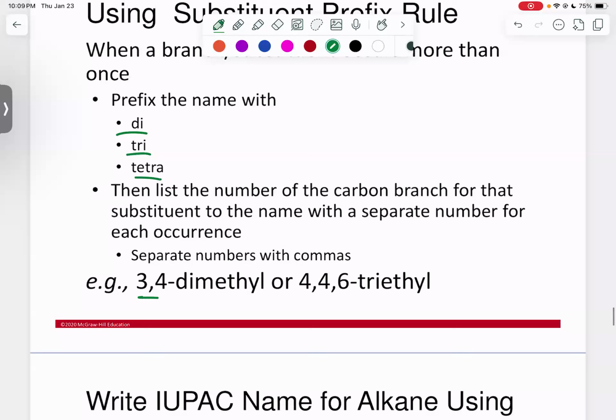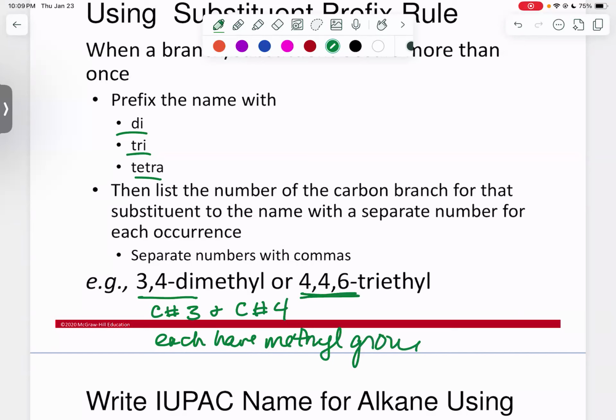So 3,4-dimethyl tells me that carbon number 3 and carbon number 4 each have a methyl group. Whereas here, on carbon number 4 and carbon number 6, each one of those is an ethyl group. So there are 3 ethyl groups.